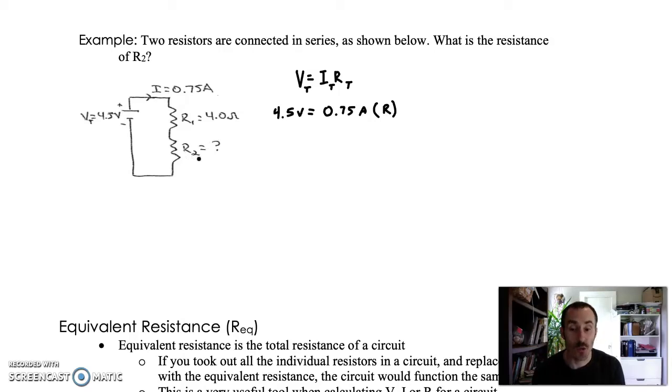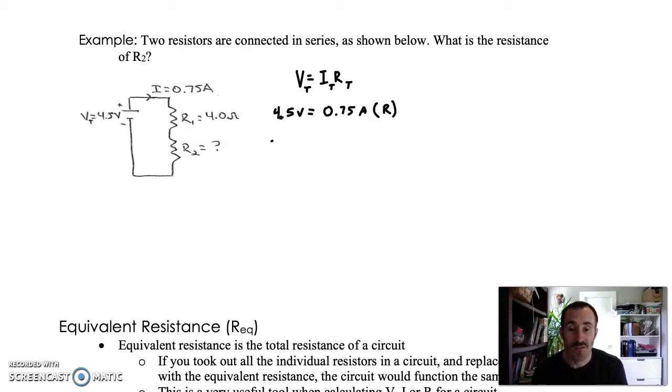If we wanted to directly calculate R2, we would have to know the voltage drop for this particular resistor individually. We would have to know the current through this resistor individually, and that means we could directly calculate what R2 was. And that works totally fine, except that we don't know the voltage drop for this one. We could figure it out, but we'll look at that later.